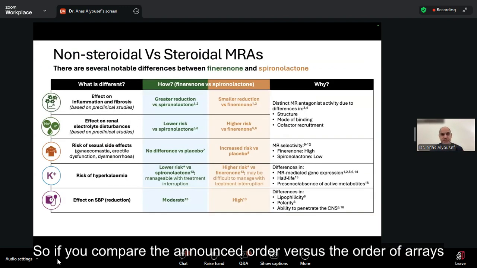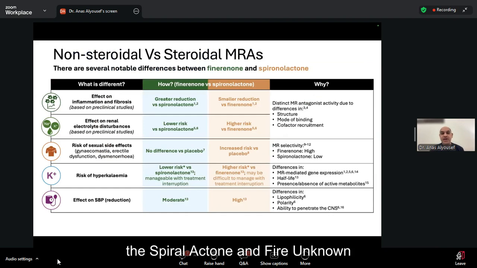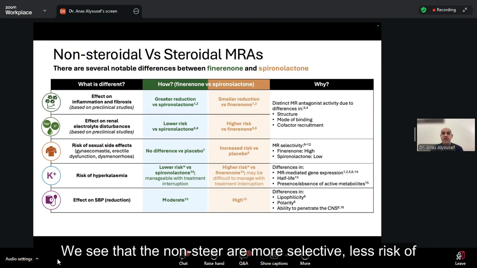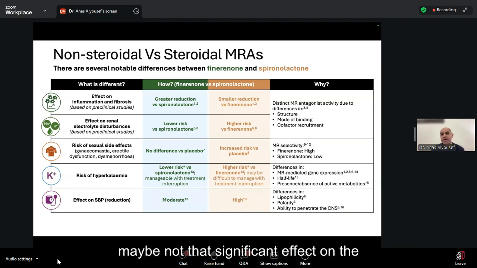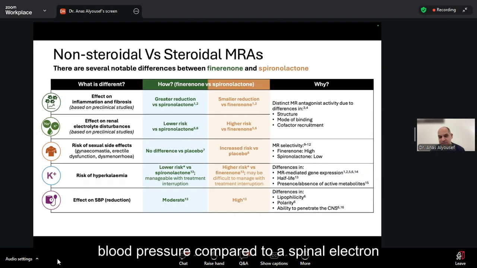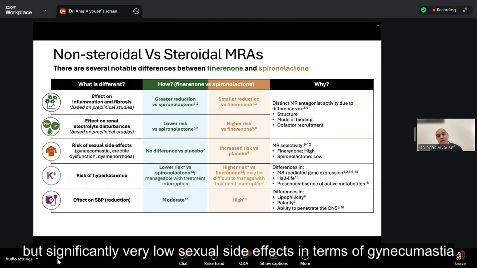If we compare the non-steroidal versus steroidal MRAs, spironolactone and finerenone, we see that the non-steroidal are more selective, with less risk of hyperkalemia, maybe not as significant an effect on blood pressure compared to spironolactone, but significantly lower sexual side effects.